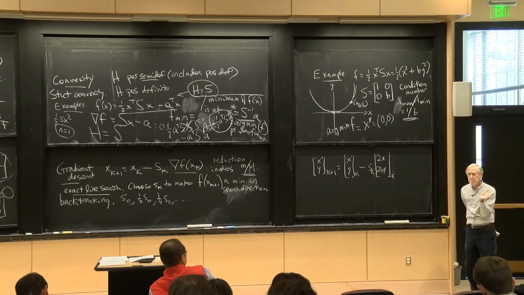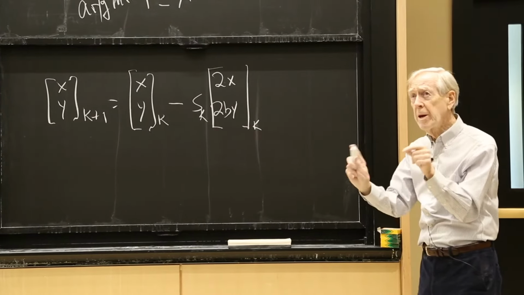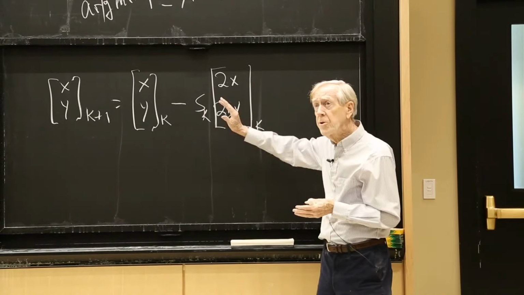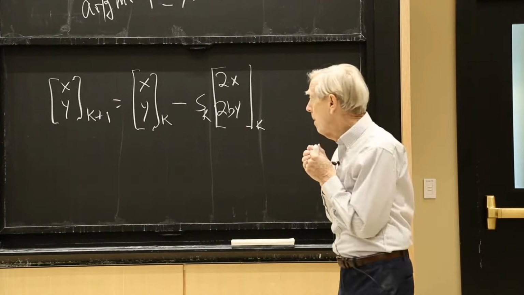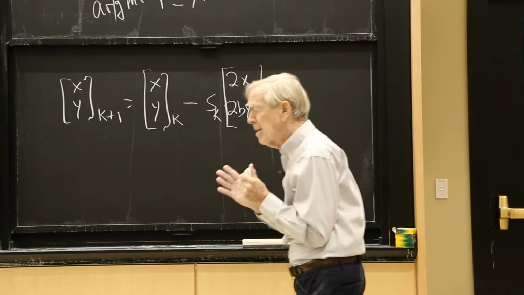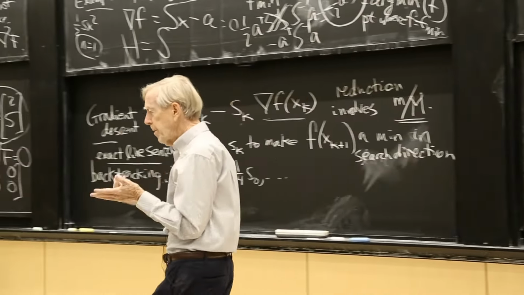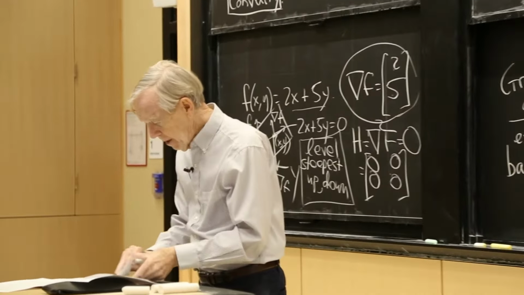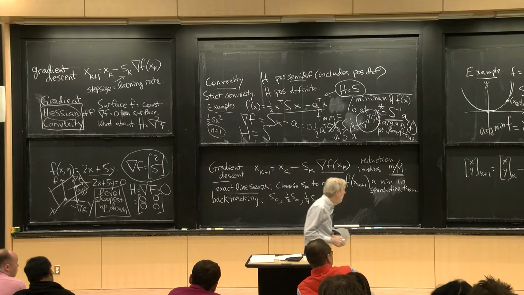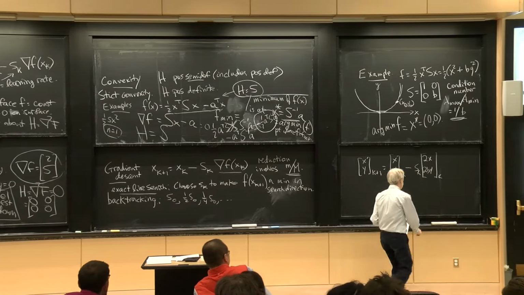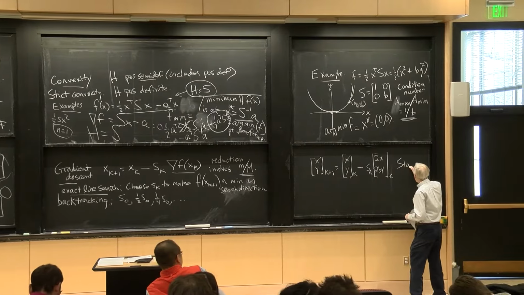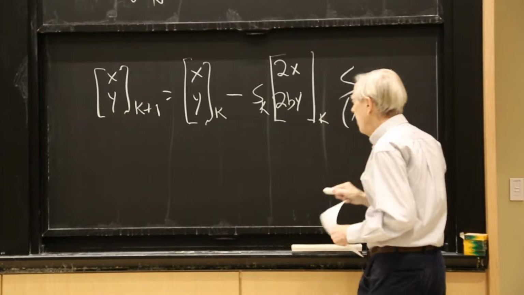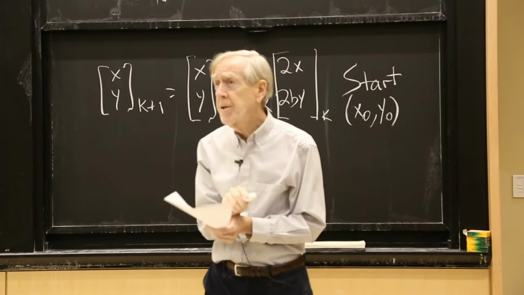And for this small problem, where we're going to get such a revealing answer, I'm going to choose exact line search. I'm going to choose the best s_k. And what's the answer? I just want to tell you what the iterations are for that particular function, starting at x0, y0. I haven't done this calculation myself.